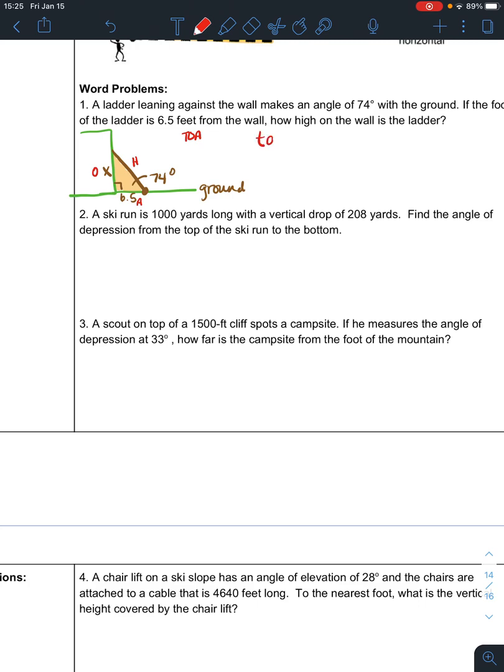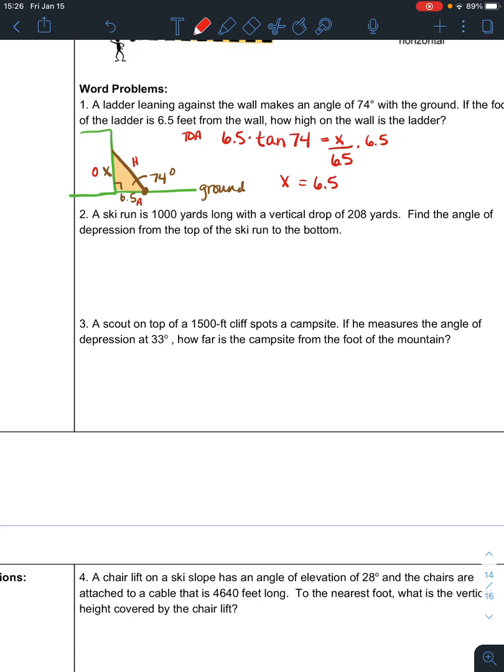So TOA would be tangent, so you set up your equation. The tangent of the angle is equal to the opposite side, X, divided by your adjacent side, 6.5. In this case, the variable's on top, so we need to multiply to get rid of that 6.5. So we do 6.5 on both sides.